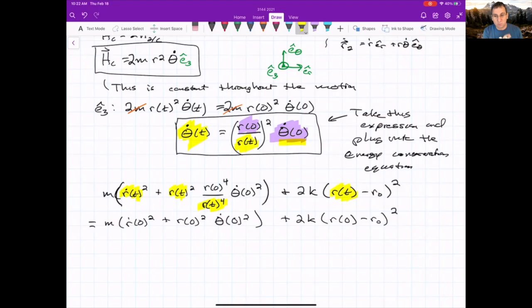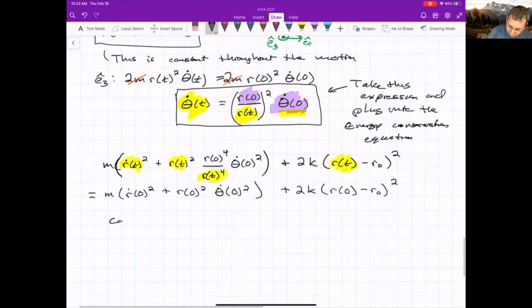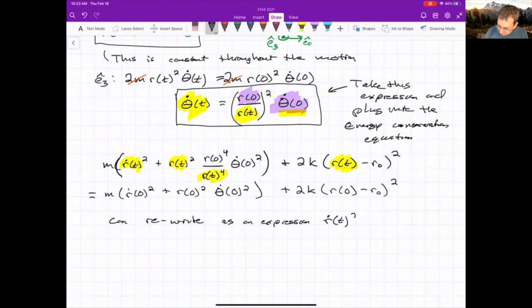That means I could rewrite this as an expression R dot at time t squared equals, and I'll just leave it as F of R at time t, and initial conditions, and those parameters K and M and R naught.